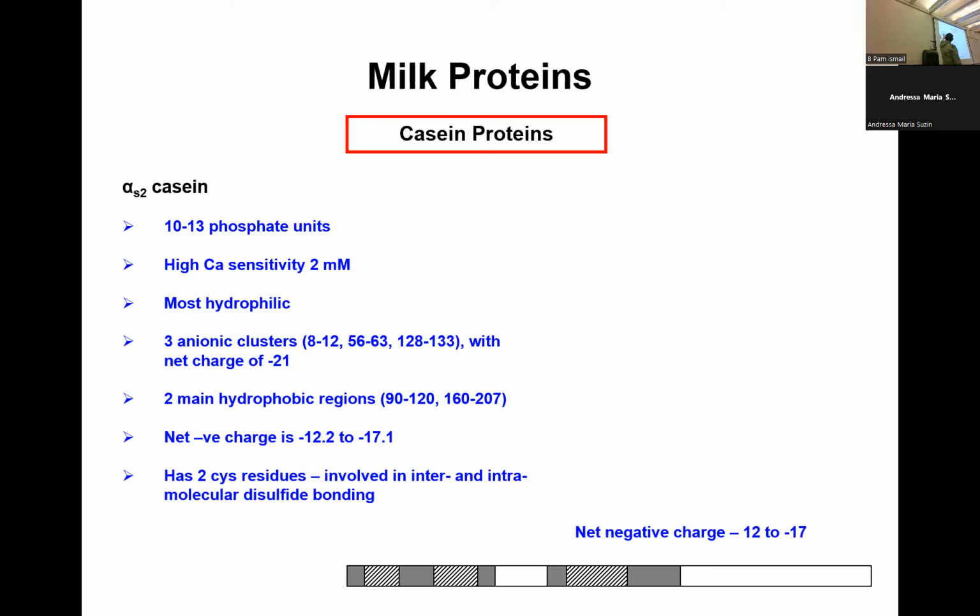So since alpha S2 has cysteine, that means it can be involved in disulfide linkage. Alpha S1 doesn't have cysteine, beta casein doesn't have cysteine, alpha S2 has cysteine, and kappa casein also has cysteine, S-S linkage.